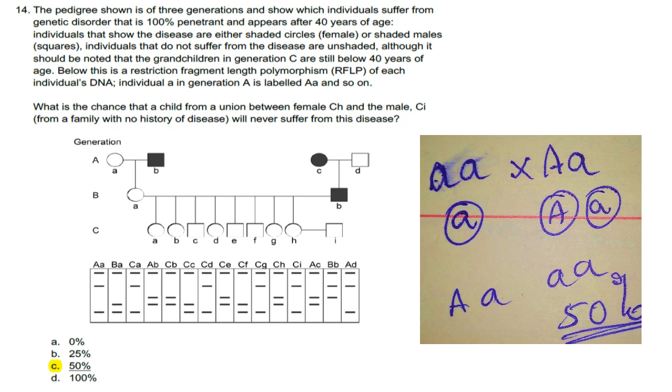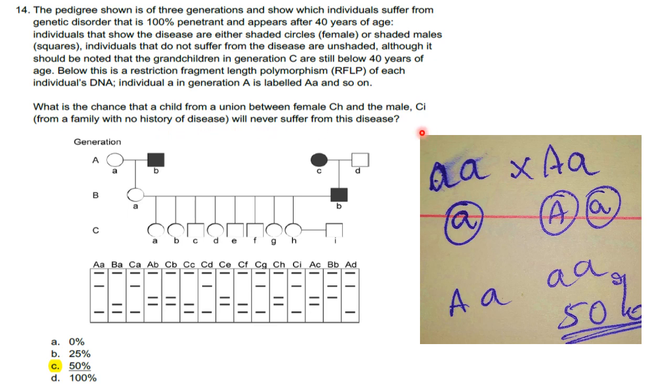Below this is the restriction fragment length polymorphism of each individual DNA. Individual A in generation A is labeled as capital A, small a and so on. What is the chance that a child from a union between female CH and the male CI from a family with no history of the disease will never suffer from the disease?